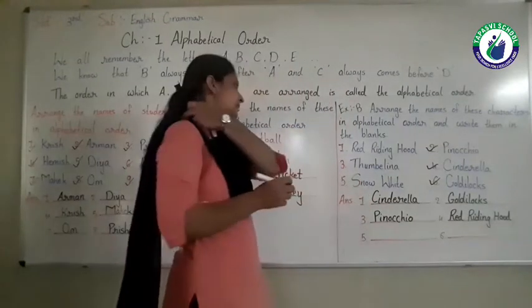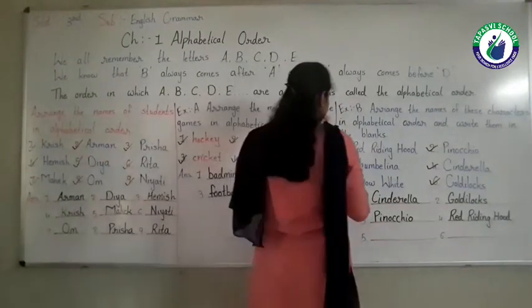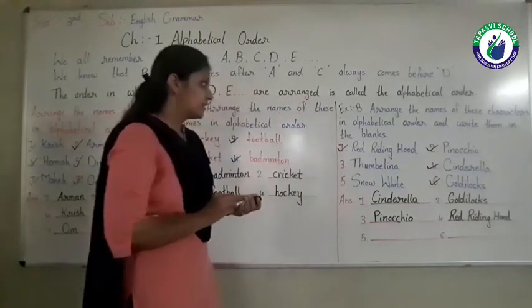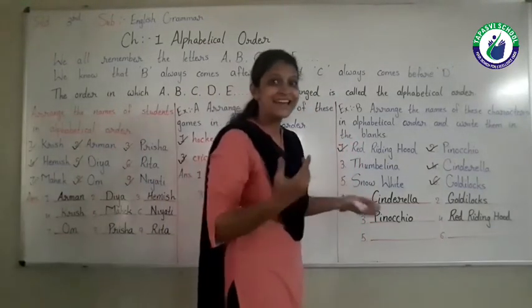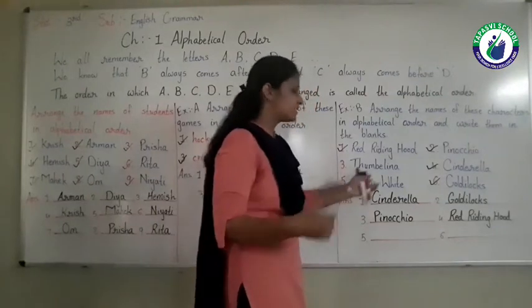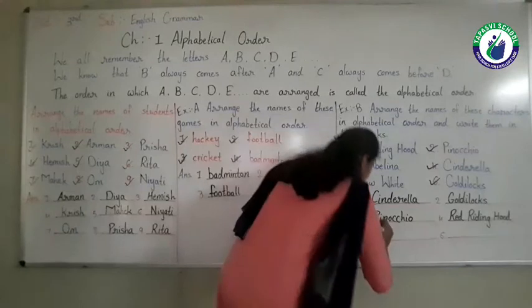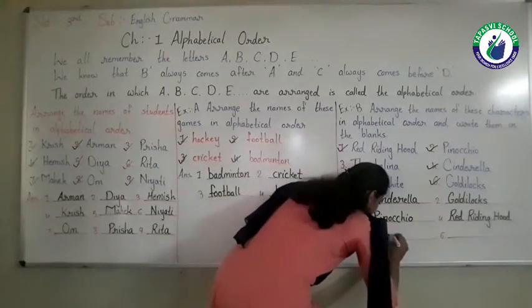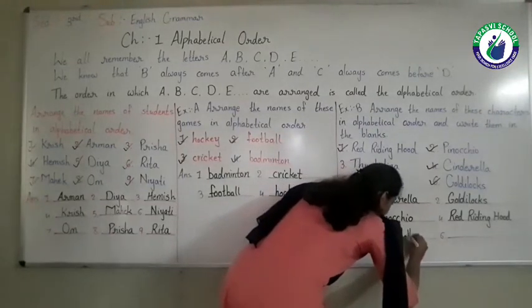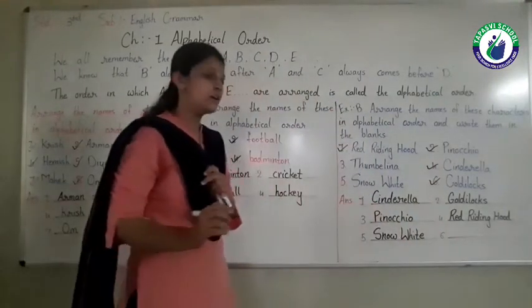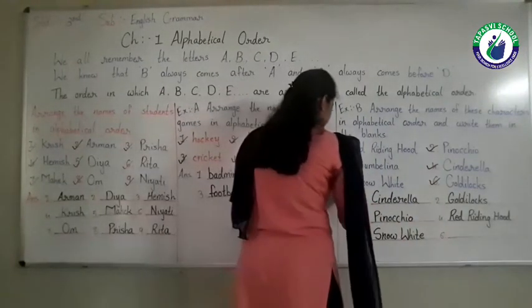And tick right on the word Red Riding Hood. Now, R after S. It is given Snow White. That we will write in number 5. Write down Snow White. And tick right on the word Snow White.